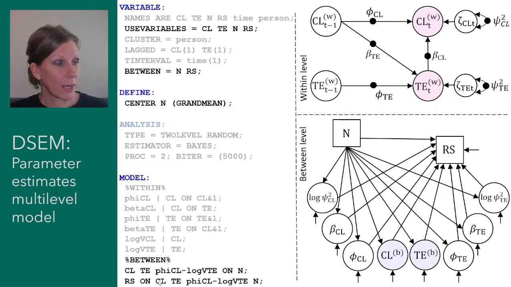And what we are going to add here at the between level of the model is that we want the relationship satisfaction variable to be regressed on the 8 random effects and then also on neuroticism. So that would be this direct effect, and then we have these mediated effects through all the different random effects.